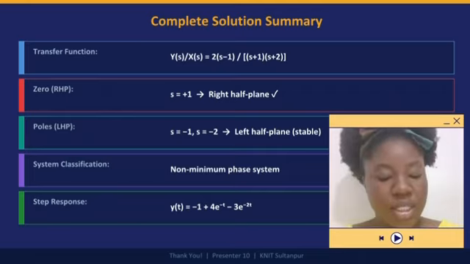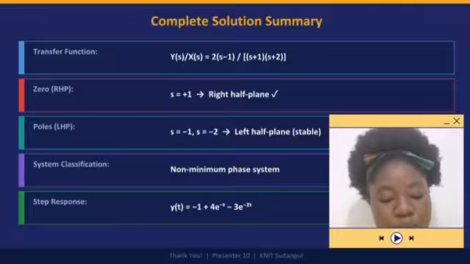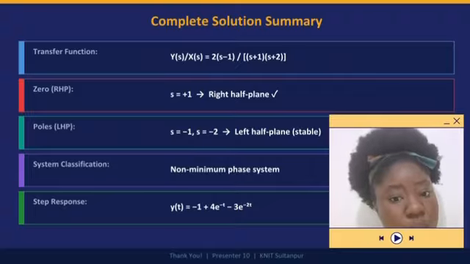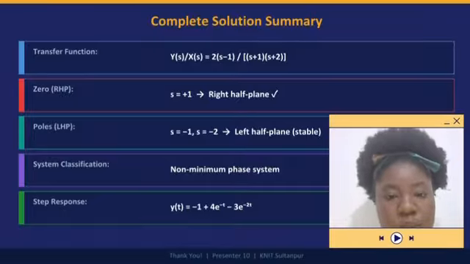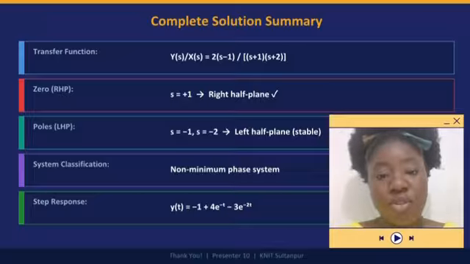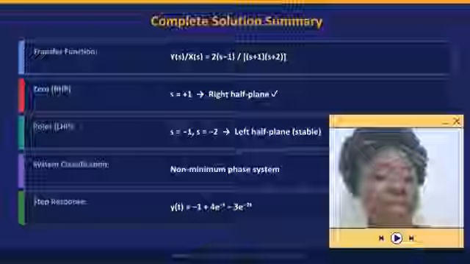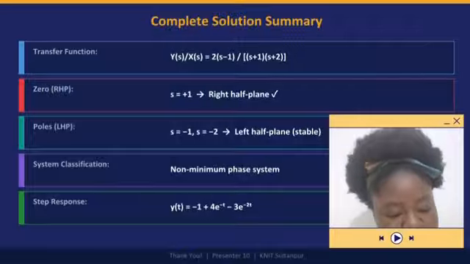It proved that the right half plane zeros exist. Now, we found two poles at s = -1 and s = -2. Both of them are in the left-hand plane, confirming that our system is stable, because if our poles are found in the left-hand plane, then we have a stable system.